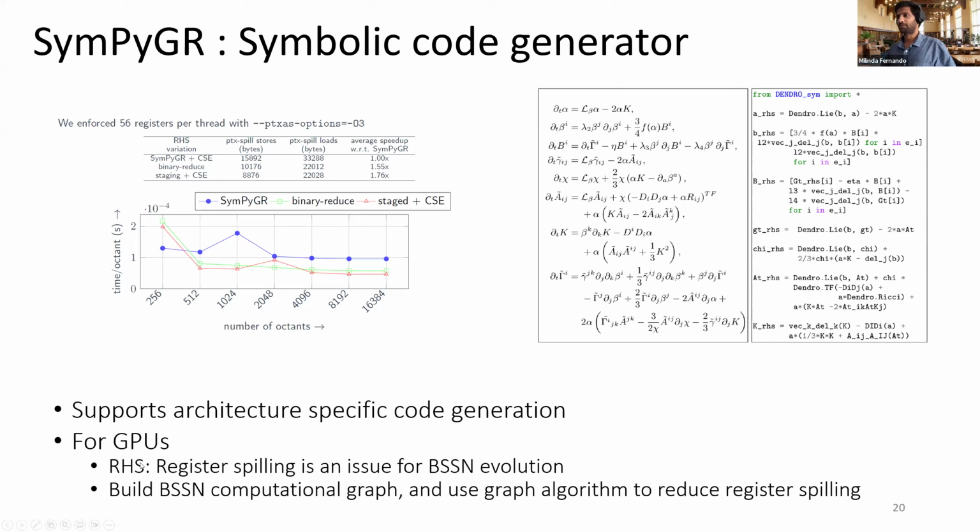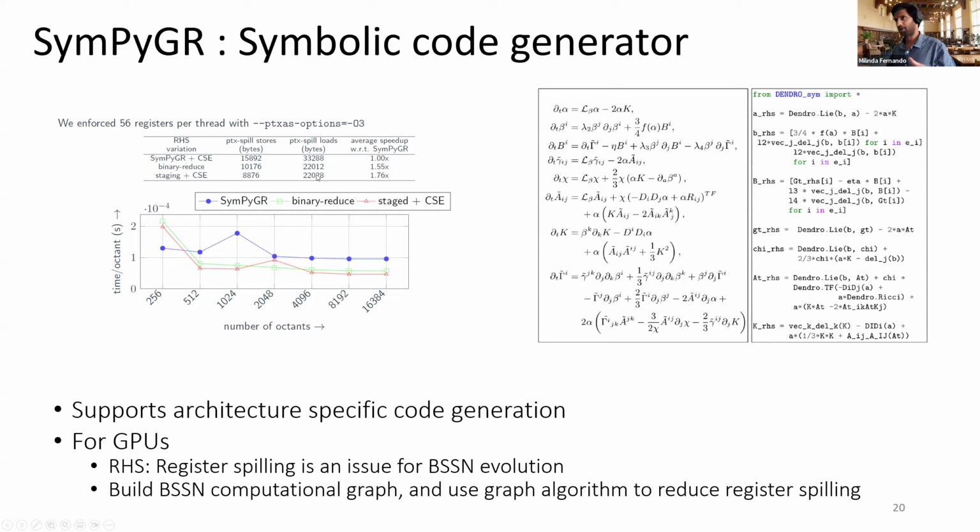To mitigate that, in our SymPy-GR framework we build the computational graph and use a graph traversal algorithm to reduce this register spilling issue. And you can see, as a performance comparison, if you run just SymPy-GR with the baseline code, you can see the amount of spill loads and spill stores.